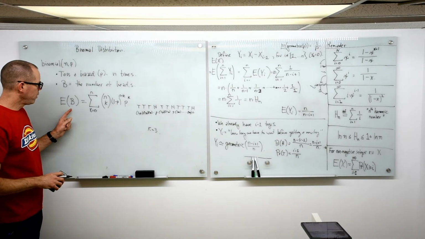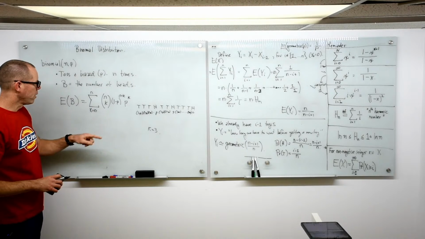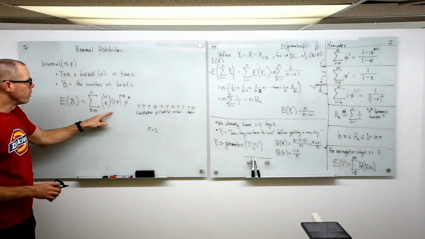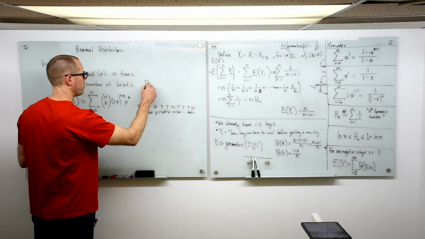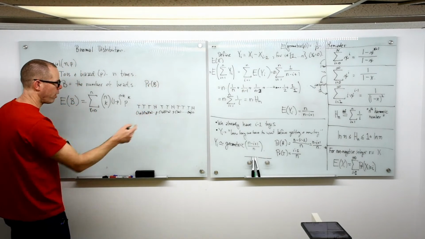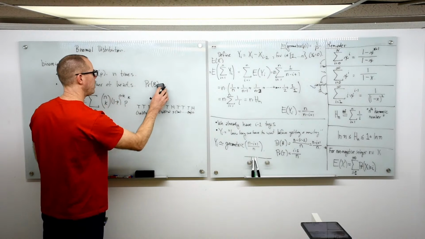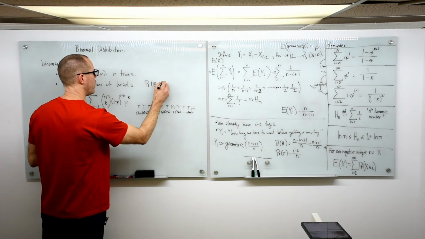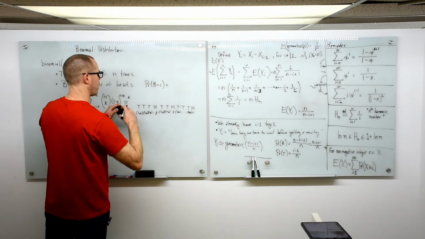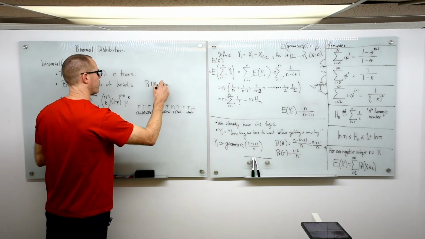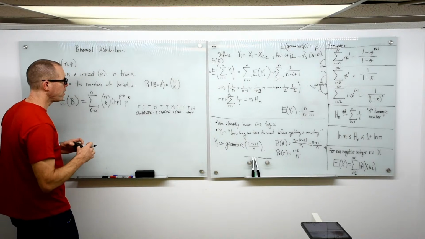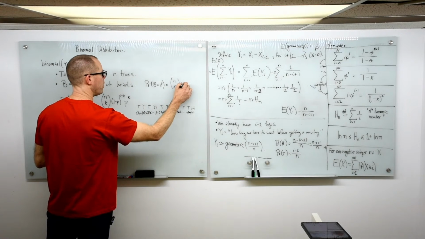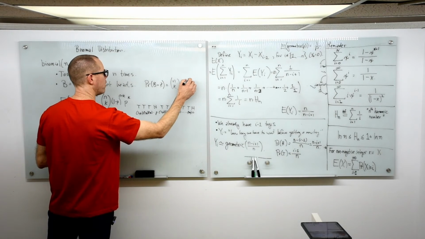That gives you the formula for the expected value, and all that is just because, by this argument, the probability that B is equal to some particular value k is n choose k, the number of strings with k heads in them, times, for each of those strings, the probability that you get that particular string.